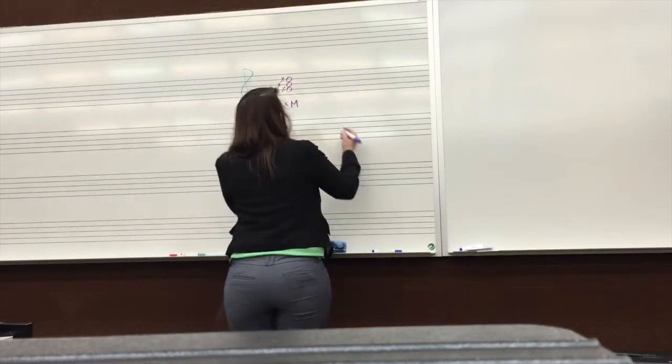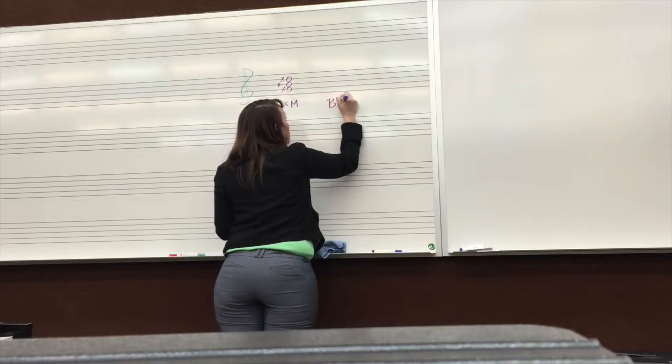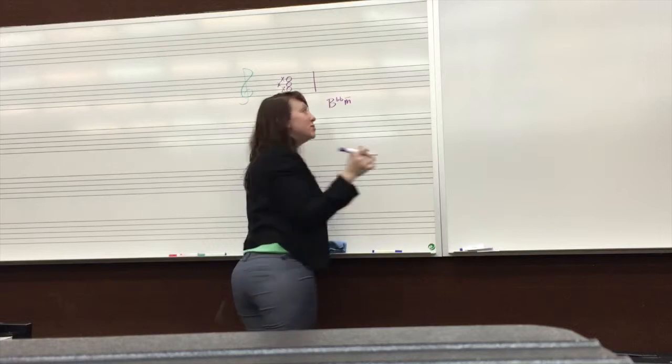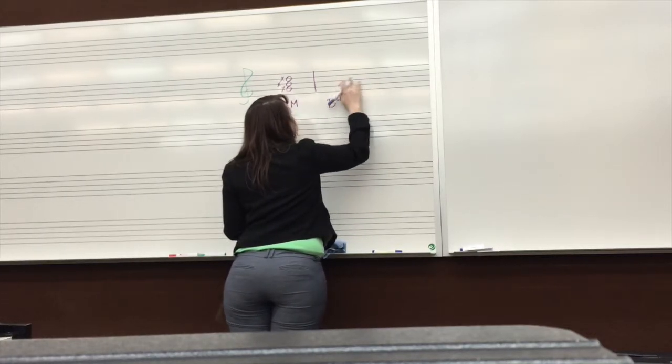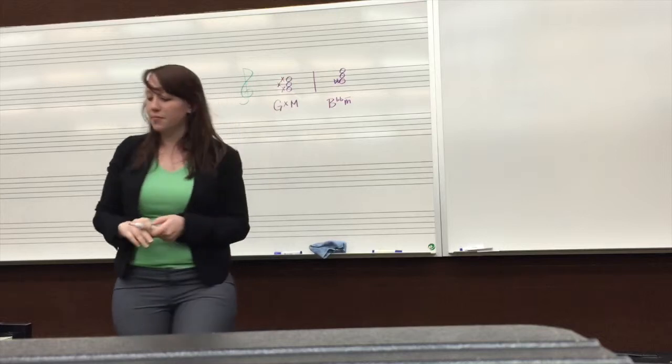Excellent. And then the other one, let's look at B double flat minor. And remember, with the double flat, you do put two flats right next to each other. B, D and F, and double flat here. How can we make this a minor chord?